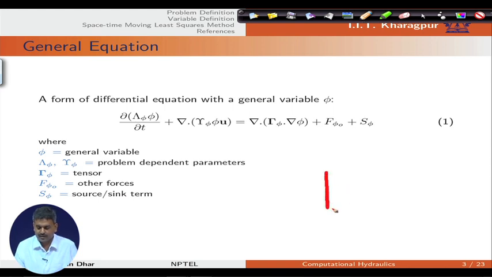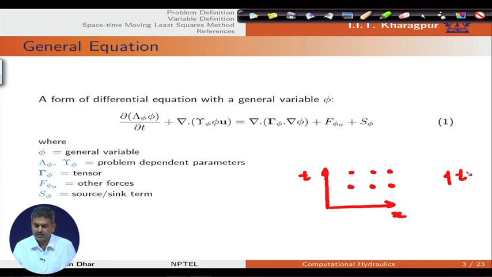Let us say this is a one dimensional x and t system. If we have different points at different levels, moving in this direction there will be an increase in t, and moving rightward there will obviously be an increase in x.